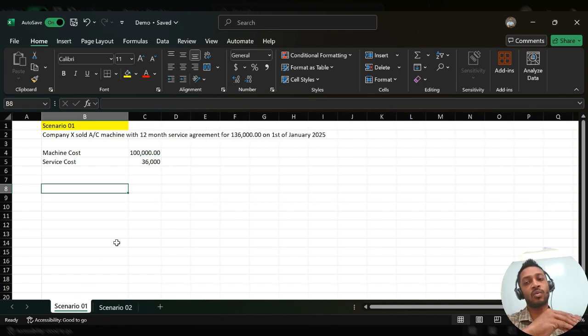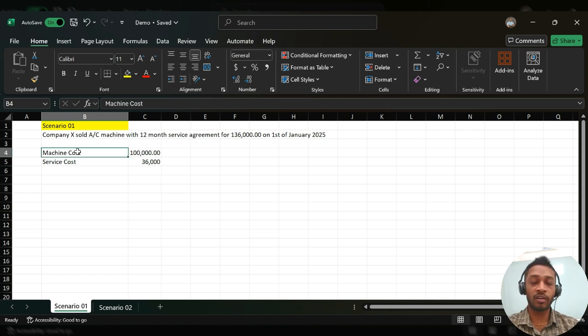In scenario one, Company X sold an AC machine with a 12-month service agreement for 136,000 on 1st January 2025. The machine is already sold, and they have a commitment to provide 12 months of services, and they are receiving cash.